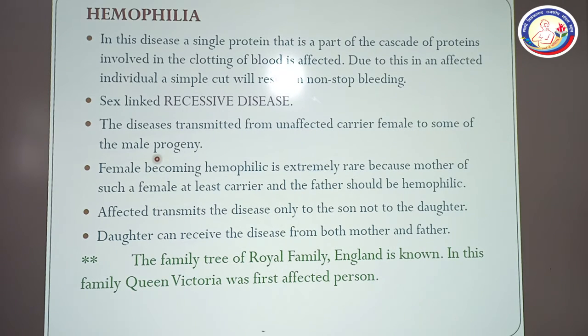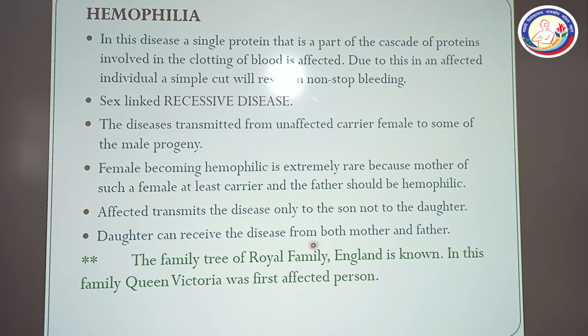So the female will transfer the disease to the male, and a female becoming hemophilic is extremely rare. Hemophilic females are generally not found in the population. It is very rare because the mother of such a female must be at least a carrier and the father must be hemophilic. The father may be hemophilic, but the female hemophilic condition is very rare. An affected father transmits the disease only to the son, not to the daughter.